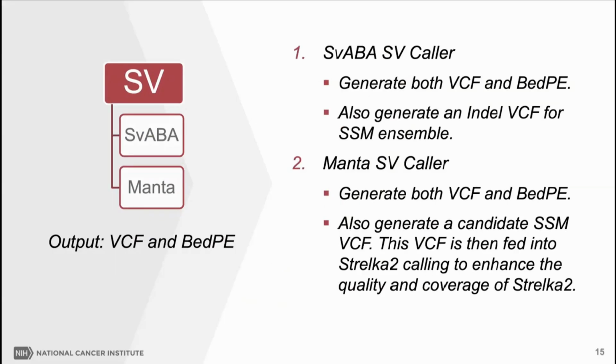Let's start from structure variant calling. As mentioned before, we have now incorporated two different SV callers, SvABA and Manta. Both of these tools generate output in the standard VCF format as well as BEDPE format. BEDPE is a specialized TSV format that represents paired structure breakpoints.